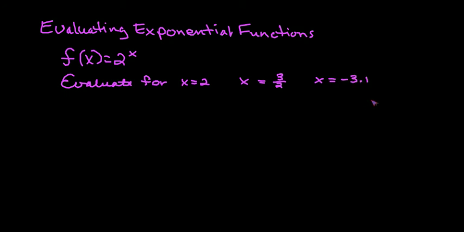All right, so like we said, plug and solve. This just means that f of 2 would equal 2 to the second power. Pretty simple on that one. 2 squared equals 4. Alright, f of 3/2 just means, like it said before, 2 raised to the 3/2 power.